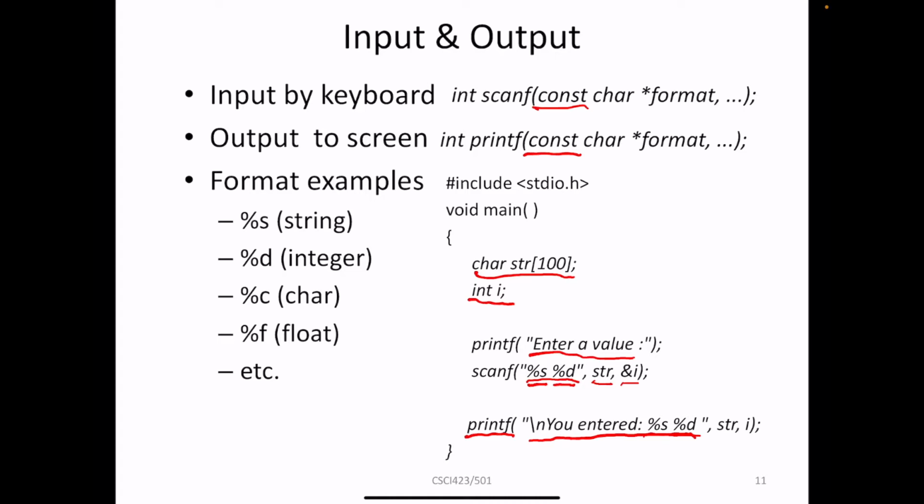The first one is a string as %s, and the second one is an integer as %d. So the following parameters will map to each one of them. And one thing I would like to mention is that the following parameters don't have to be pointers in the printf function. For example, you can pass integer variables directly. For example, here we can directly pass i into the printf function.